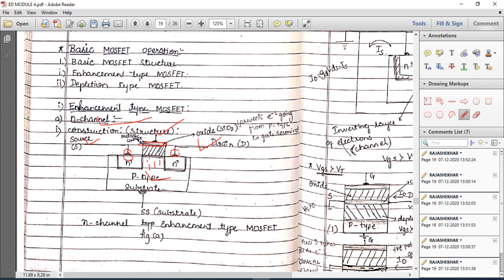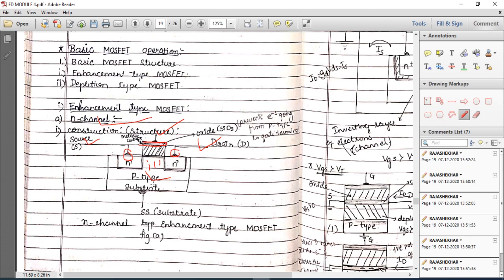This oxide layer is also called the silicon dioxide layer, which acts as an insulator between the gate and the p-type substrate. So it will not provide any electrical connection between the gate and the p-type substrate.